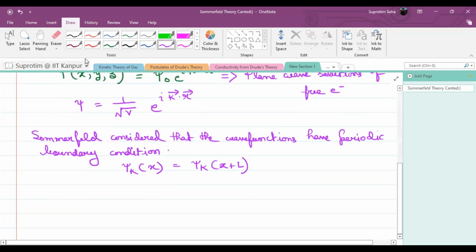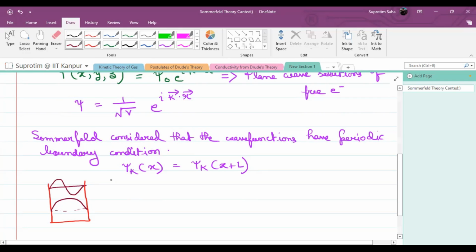So it was like this. Earlier you had a box, and the wave functions were like this. This is the base offset, and the wave function goes to zero at the walls of the container. And this was for higher modes.